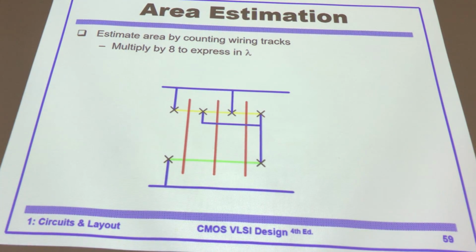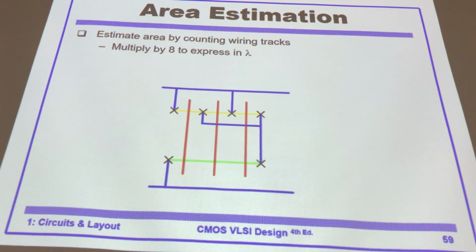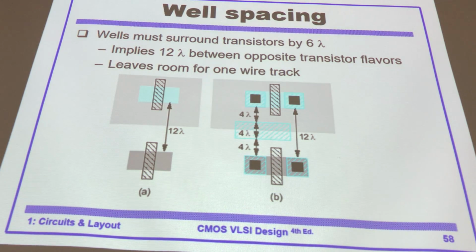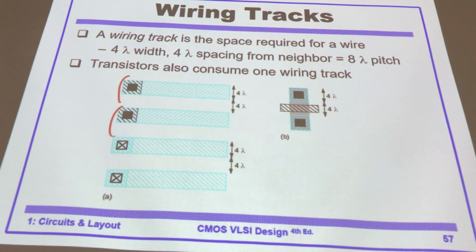And then we can try to estimate the chip area based on the stick diagram. We are trying to estimate chip area by counting wiring tracks. According to the previous discussion, each wiring track takes 8 lambda, right? 4 lambda for metal, 4 lambda for spacing.